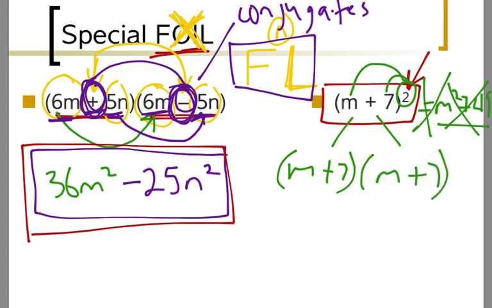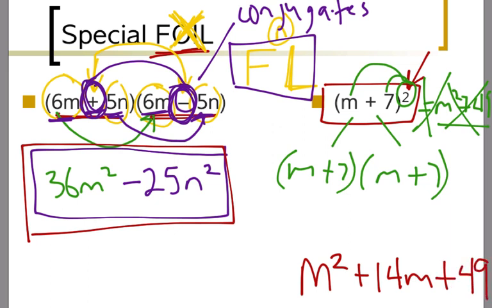And when you do that, you would actually FOIL it out. If you FOIL it, you'll end up getting the answer I'm going to tell you anyway, which is m squared plus 14m plus 49. Now, let me explain where I got that.